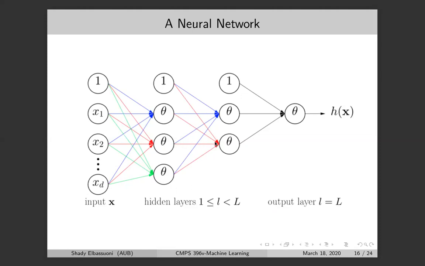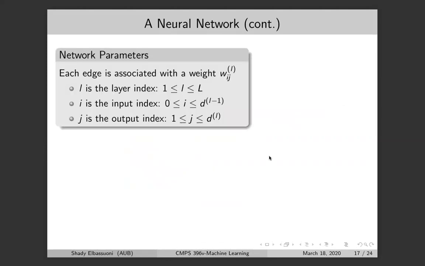So this is how it is referenced. Now the idea is the following: I want to find these weights, the weights on these edges, the blue edges, the red edges, the green ones, and so on.